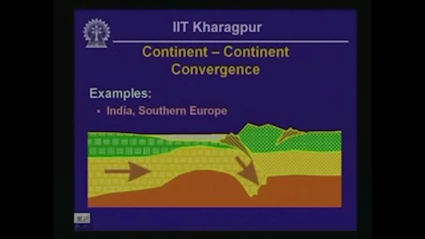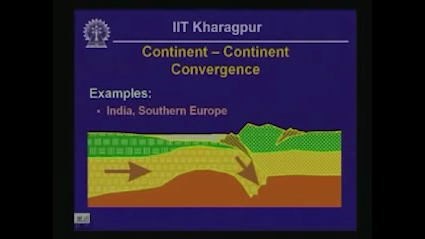It does not want to go down underneath the other continental plate, and what ends up happening is really a head on collision between the two continental plates without any significant subduction. As you can see here, the deep subduction we saw in the previous cartoon is absent.